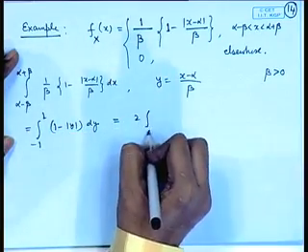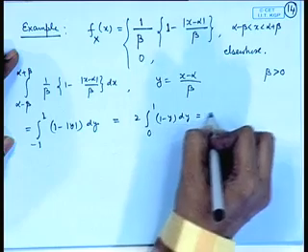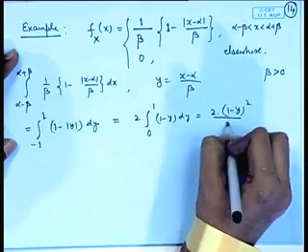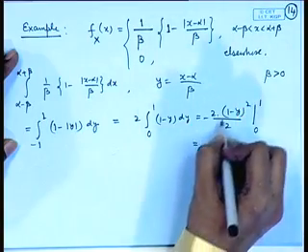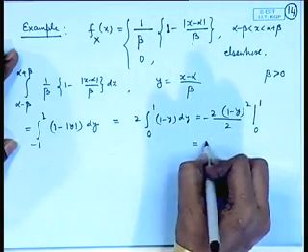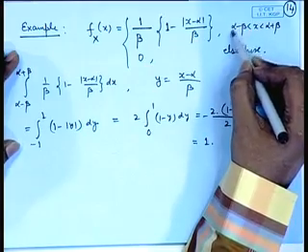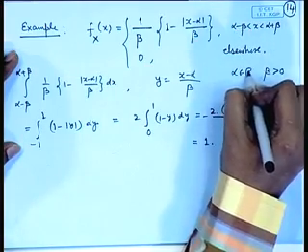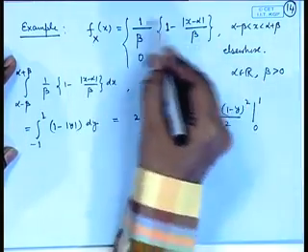So, it becomes twice the integral from 0 to 1 of 1 minus y dy, and it is equal to twice 1 minus y whole square by 2 from 0 to 1, and this is simply equal to 1. Therefore, there is no restriction on the range of alpha. Alpha can be any real number and beta should be a positive real number in order that this is a valid probability density function.